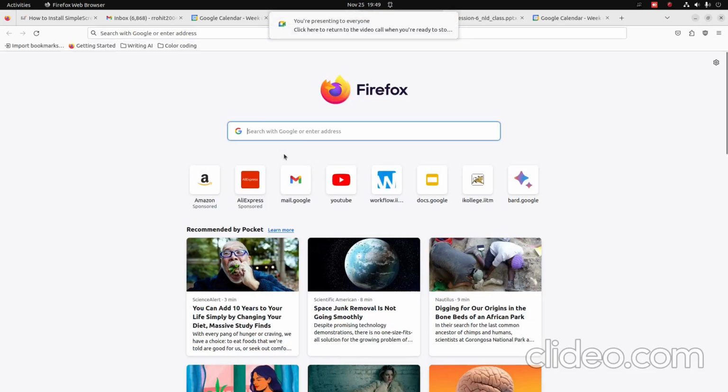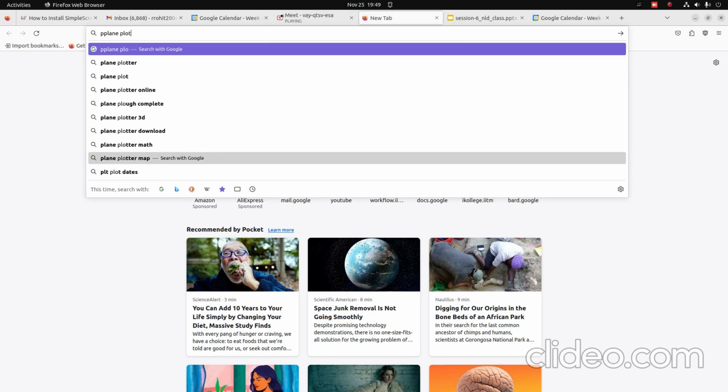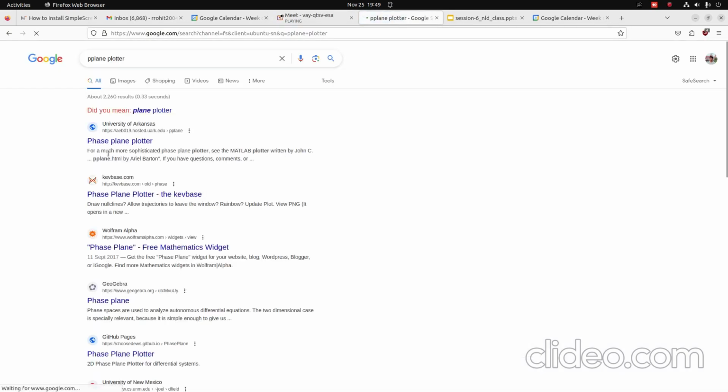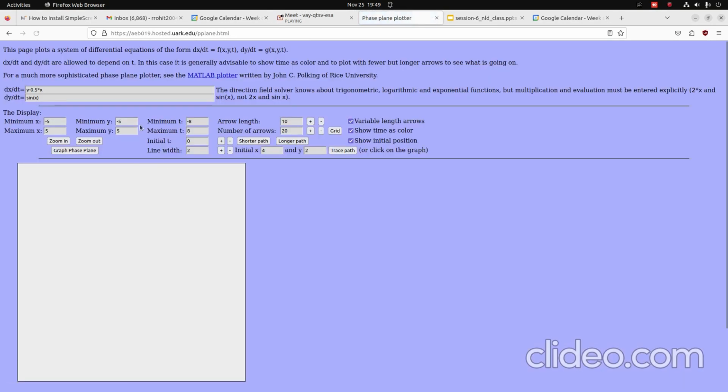So if we go to the plane plotter, and we just derived the equation, so it was like x dot is say some y, and y dot was our, say, nu, initially I give some value 1, into 1 minus x square, minus x, into y. So this was our equation.